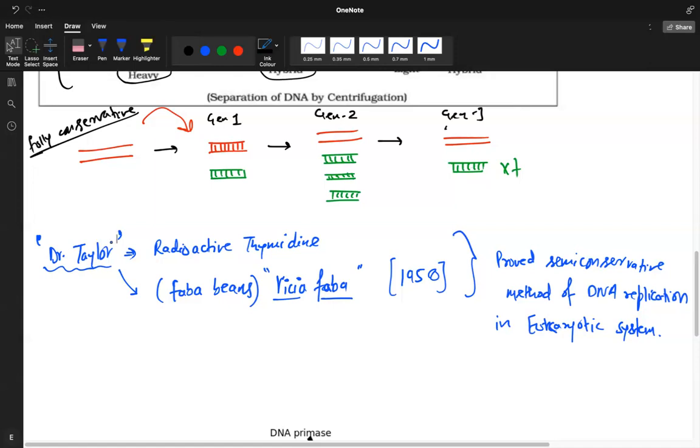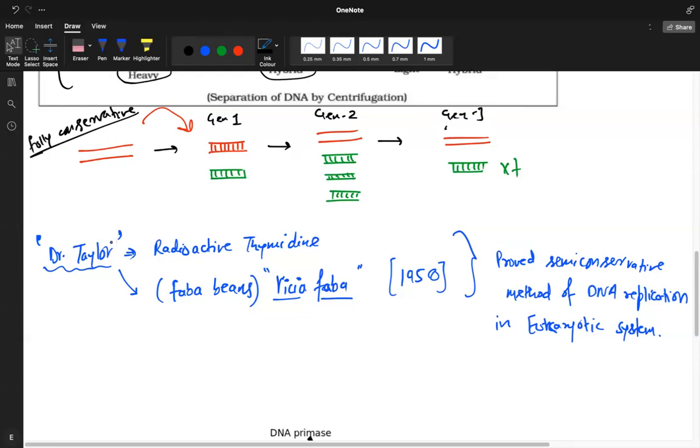So chromosomes loosen up, DNA exposed, then the machinery comes, replicates it, and then it's stitched together. And write down another point that they used radioactive thymidine. That's the difference.